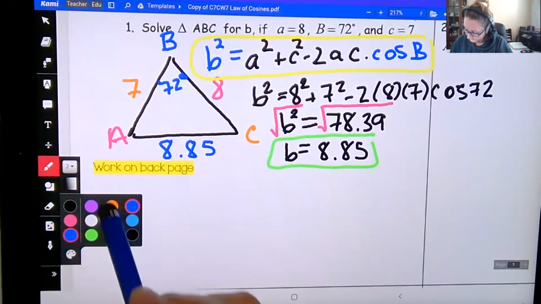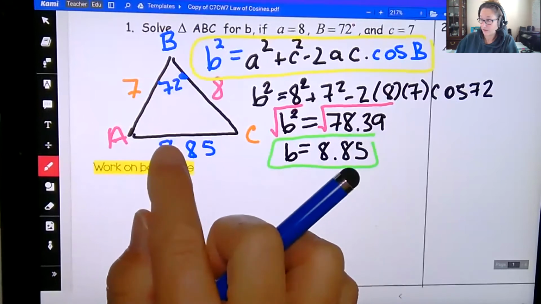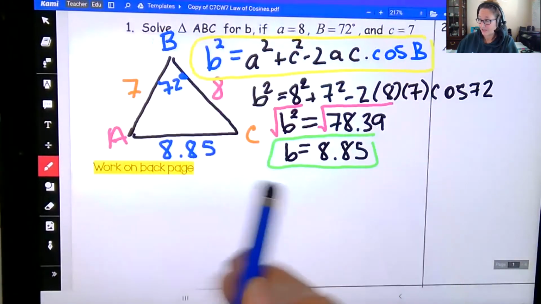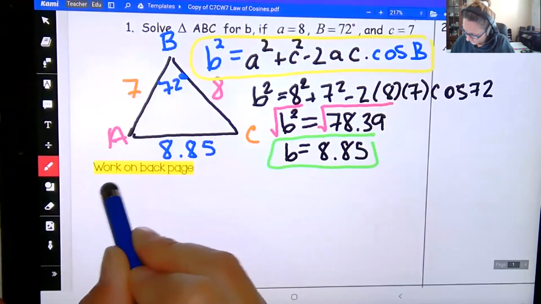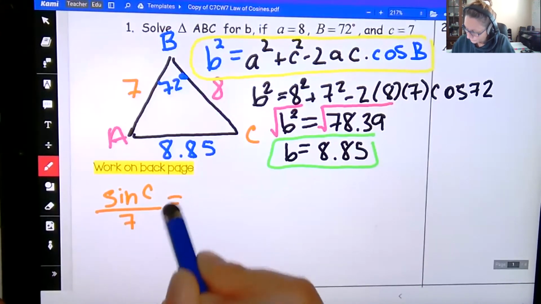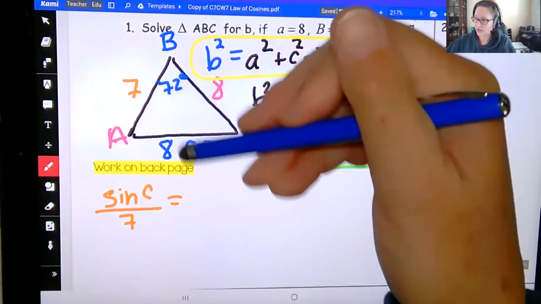Okay. So for C, again, since I now have this pair, because I use law of cosines to get this side, I am going to do law of sines again, is what I'm going to personally do. I prefer to do that. So I'm going to do sine of C over 7 is equal to, and use the one I found originally.